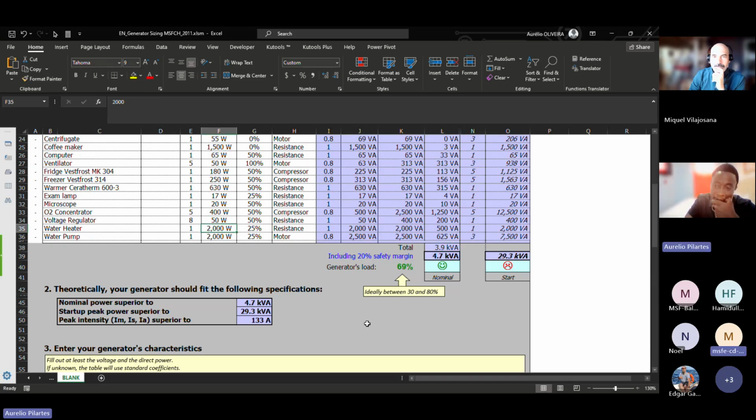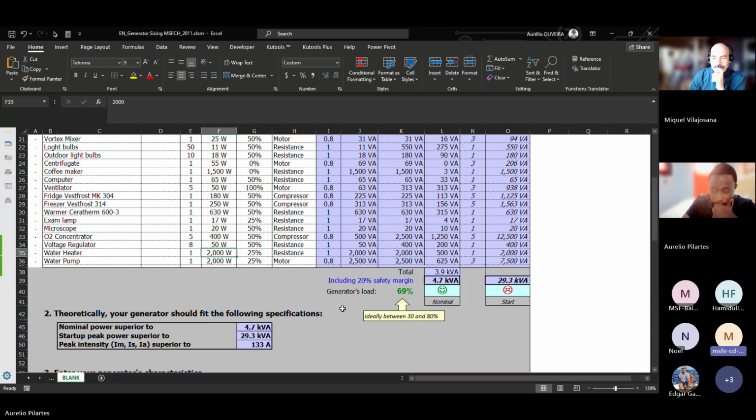And the coffee maker I didn't find 1000 and a half, but I found 605. That is the reason why I think that the total result is not exactly the same as yours.